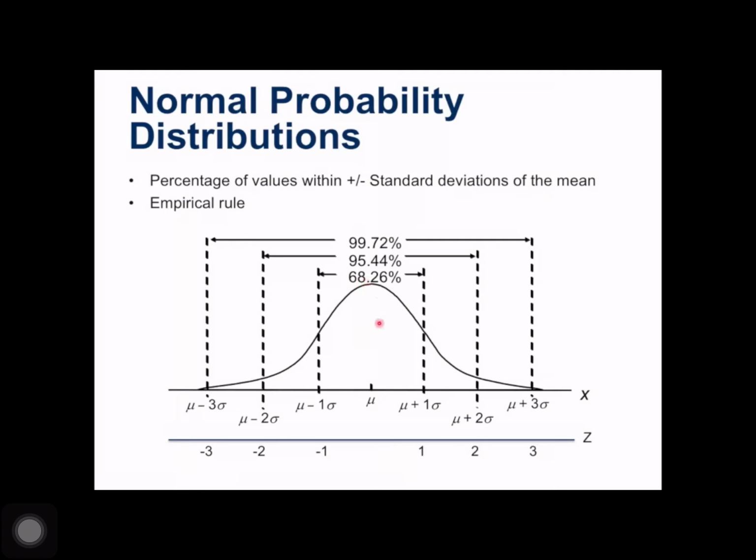So if you went in randomly and selected some kind of sample, you would expect 68% of the time you're likely to select something within plus or minus 1 standard deviation of the mean. Now that we've learned a little bit more about z-scores, you can see that it's entirely interpretable to the z-score interpretation that we had.